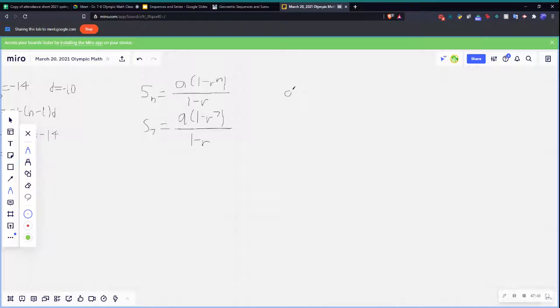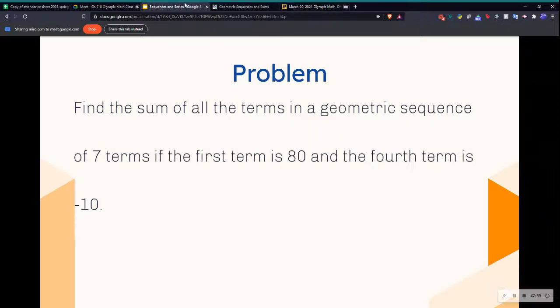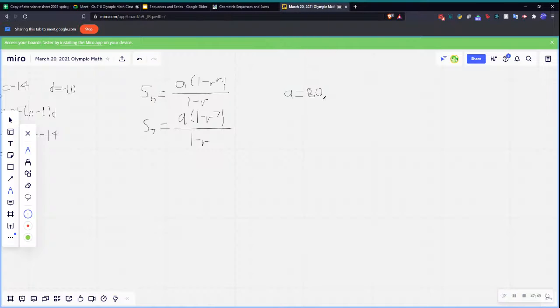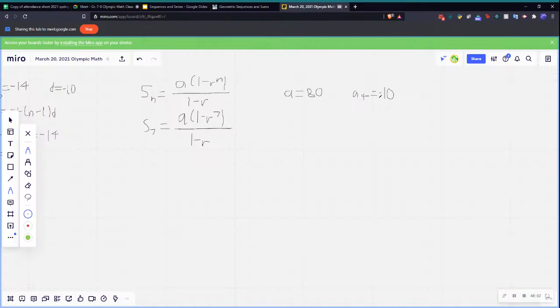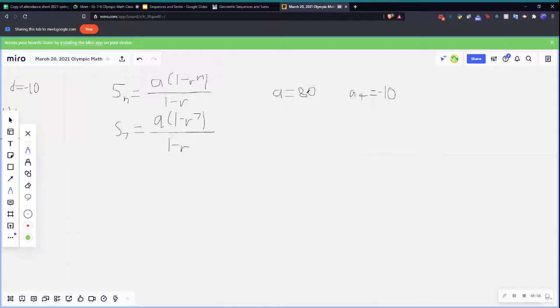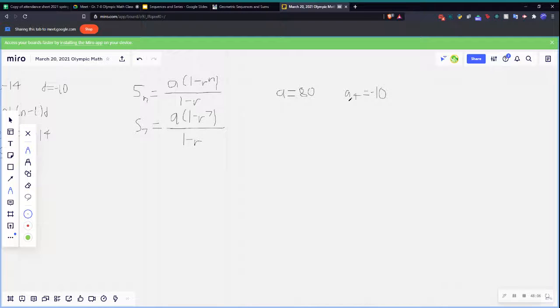First term is 80. So I'm just going to write a, not a1. I'm just going to write a is equal to 80. Remember, a is our first term. Fourth term is negative 10. All right.